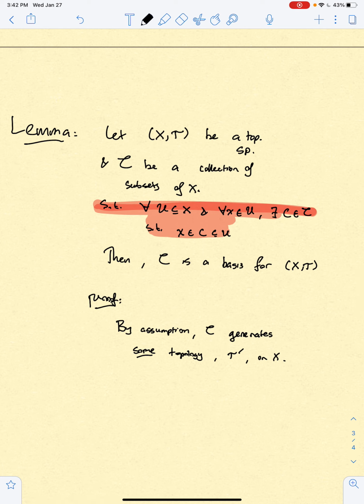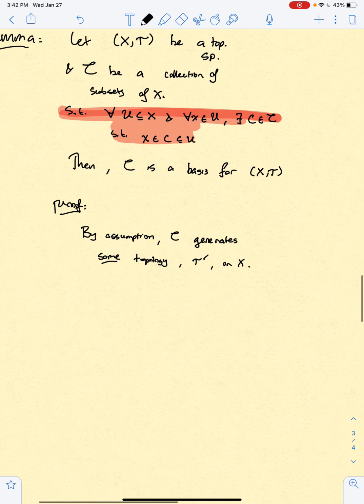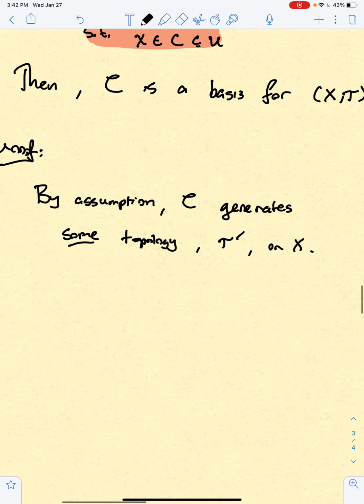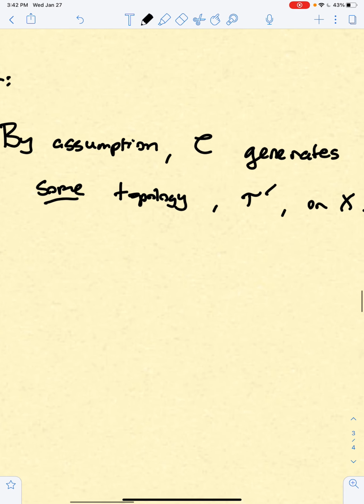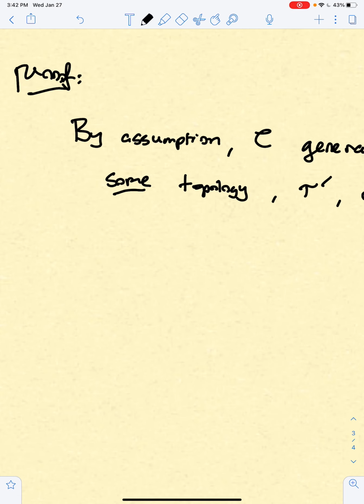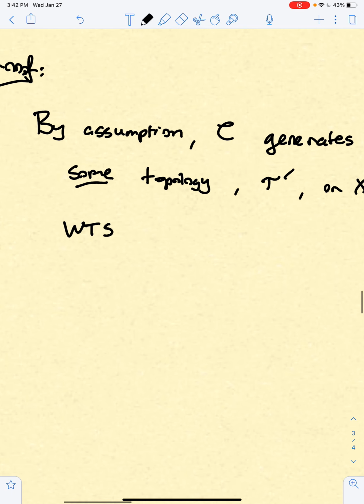So C generates some topology, and the only question is whether or not it's the same topology we started with. So how do you find that out? We wish to show that tau is equal to tau prime.